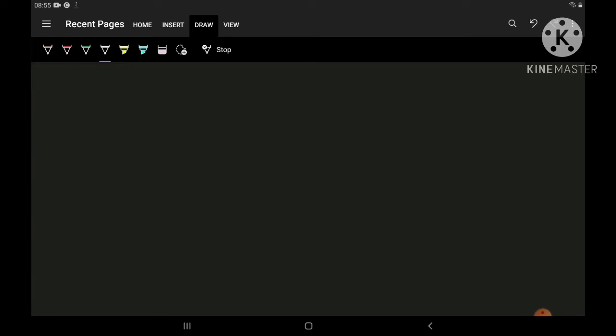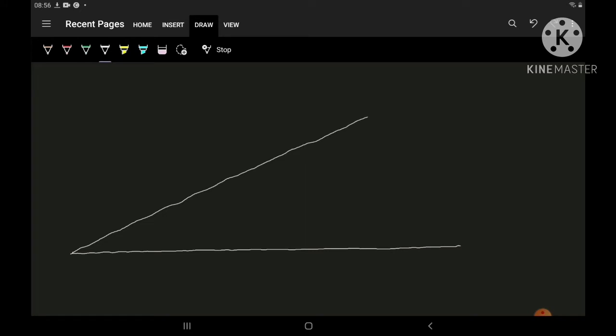So suppose this is the lower surface of the film and this is the upper surface of the film, and a refractive index mu material is enclosed within the film. Suppose the wedge angle is theta here. Now let us see the incident light ray.